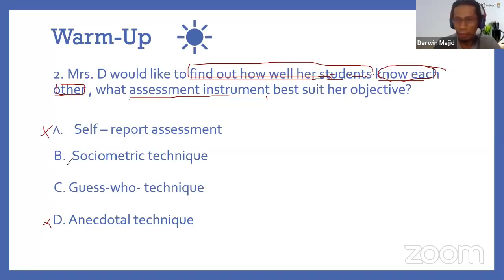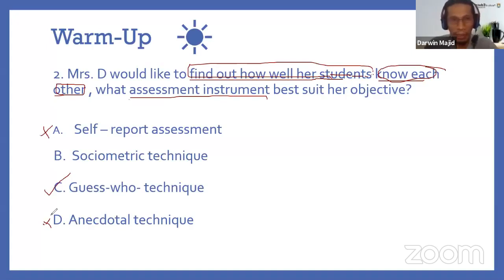So ano po yung pinaka natin dito? Letter B, sir. Letter C. So the correct answer is Sociometric. Letter C.